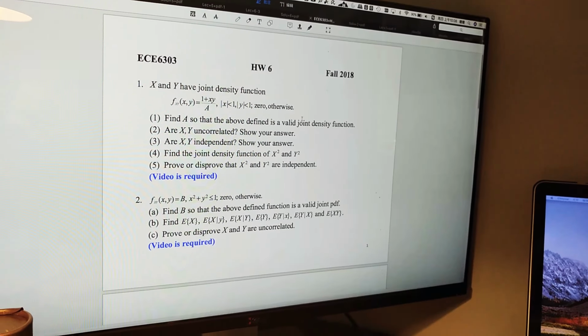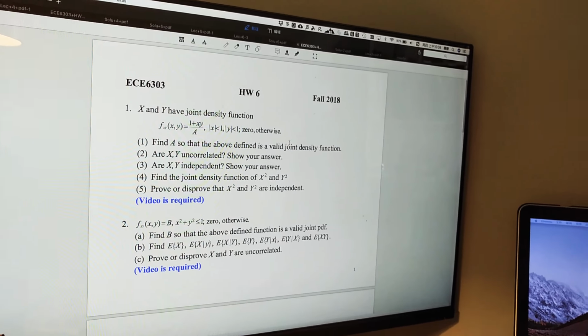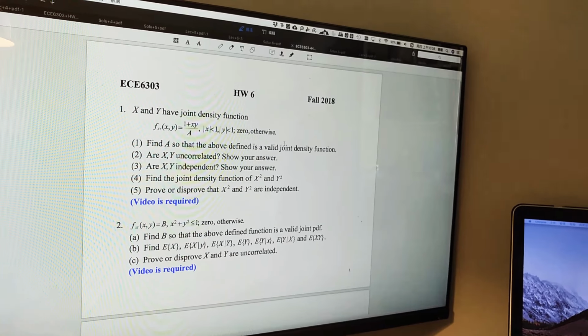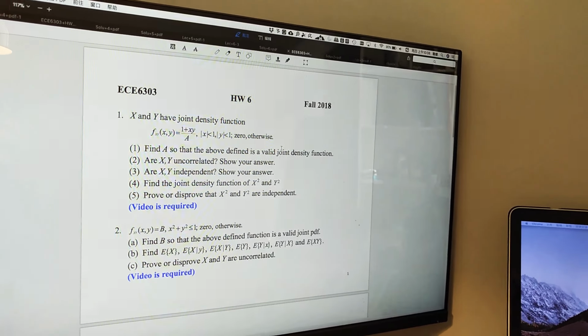Hello everyone, this is HW6 and let's talk about homework 6 question 1.